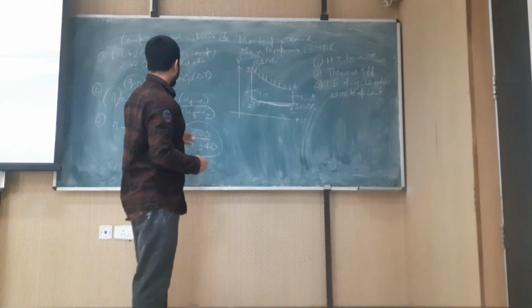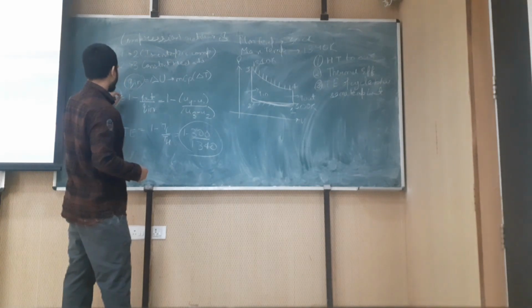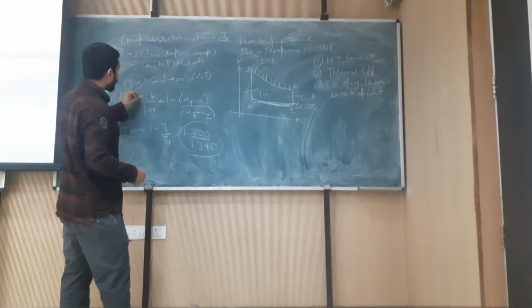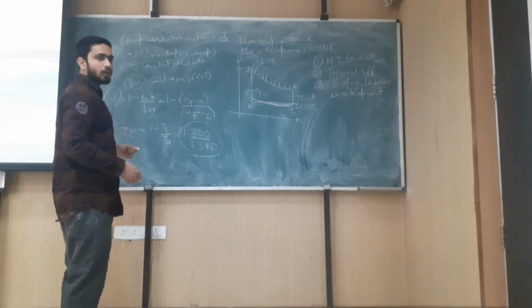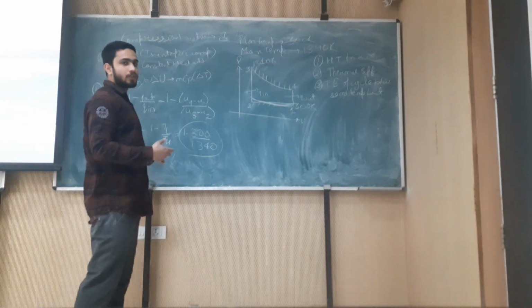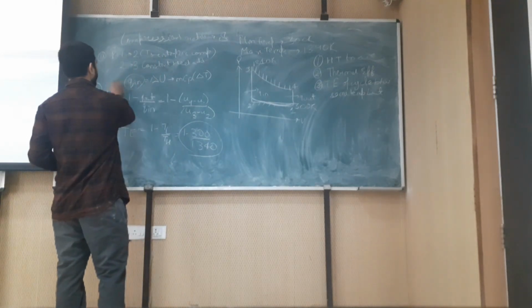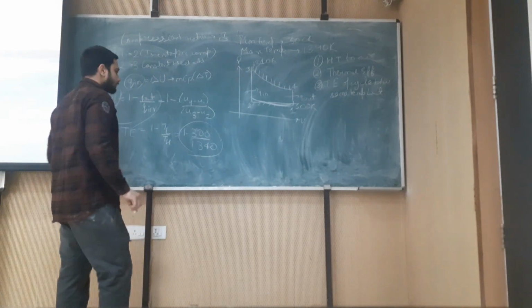The efficiency can also be found by the formula 1 minus Q final upon Q initial, where Q is equal to delta U or mCp delta T, or with other approaches. This formula we should remember.